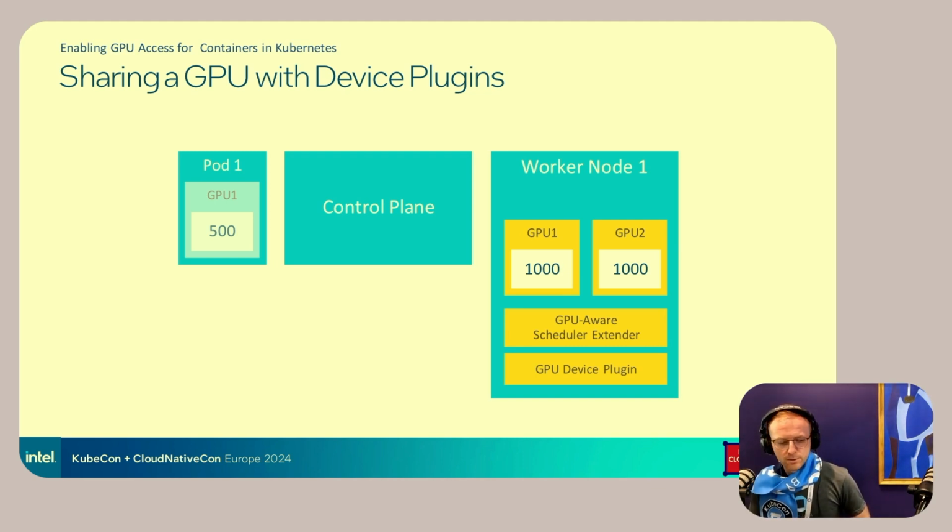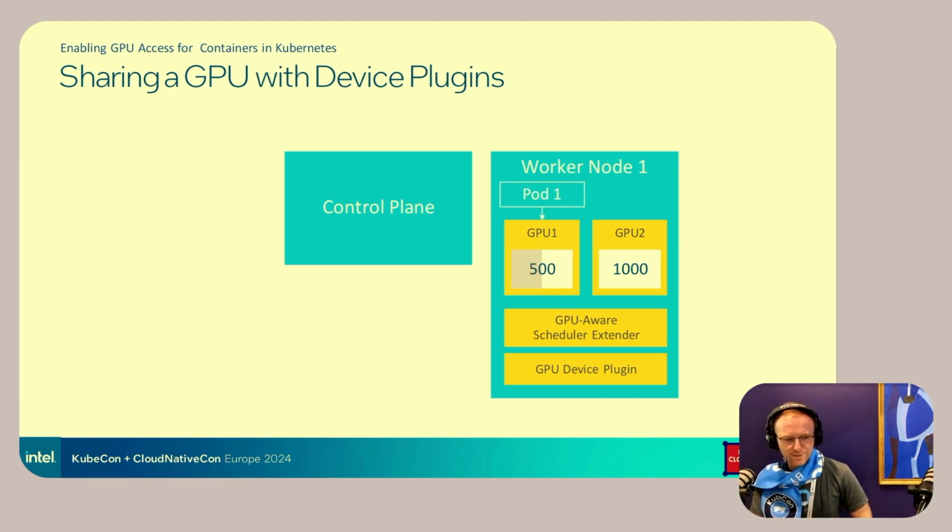There is an Intel provided scheduler extender called GPU-aware scheduler extender, and that helps abstract the amount of capacity one GPU can potentially have, and then it's possible to use one GPU with several workloads. But sharing a GPU in this way is based purely on a promise. If the workload says I will use only half of the GPU, such a promise can be broken down the road and suddenly the resources are hogged by one of the workloads and you have a service degradation and all the consequences in this case.